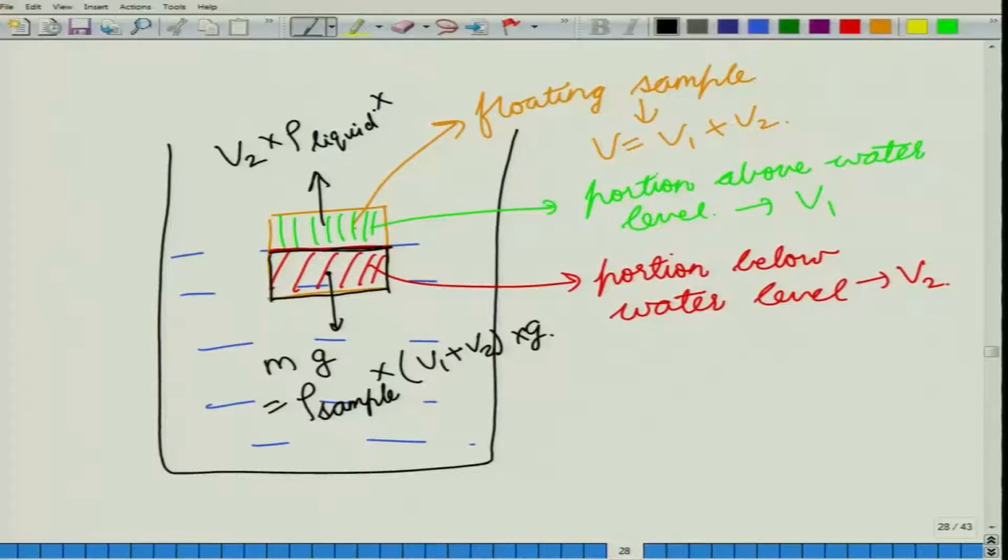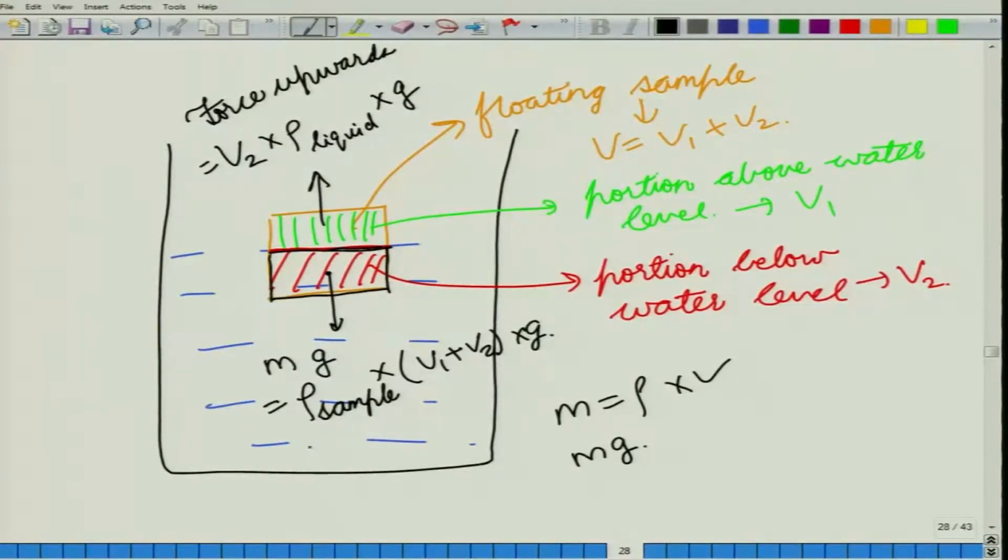The mass is equal to rho into volume, and the weight is given by m into g. So multiplying this by g will give us the upward acting force. So this is the force upwards and this is the force downwards.